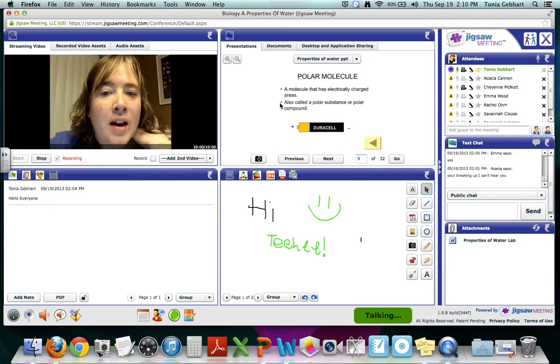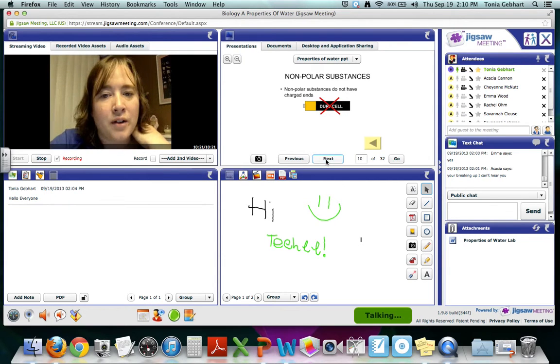When you have a positive side that's charged and a negative side that's charged, we call that polar because it has two poles. We also use that term when we're discussing molecules. Molecules do have some electrically charged areas, and when they do, we call that a polar molecule, just like in a battery.